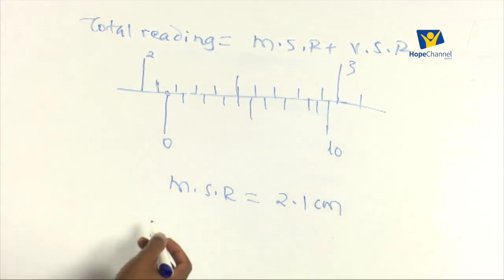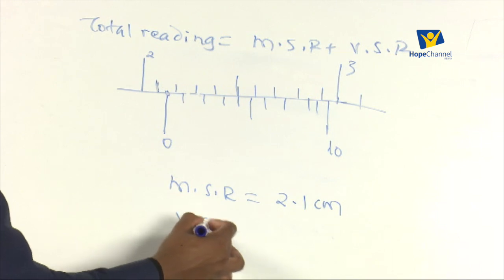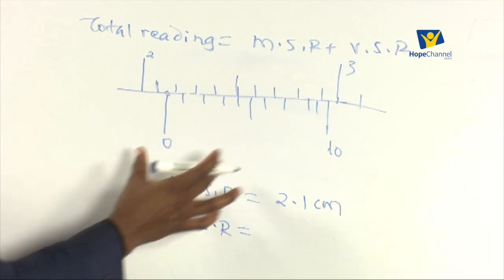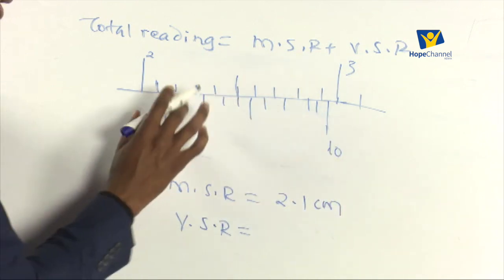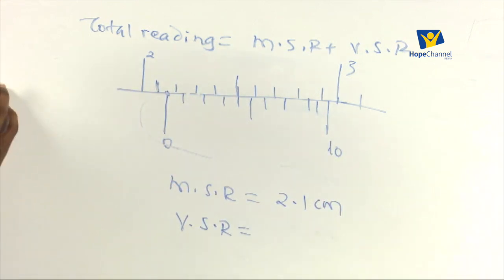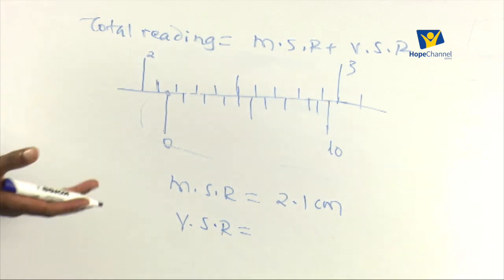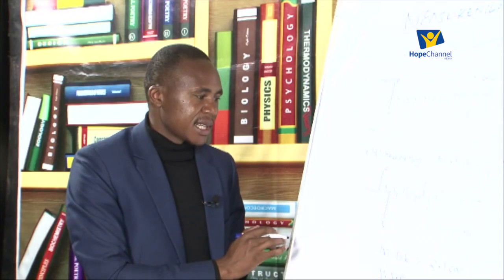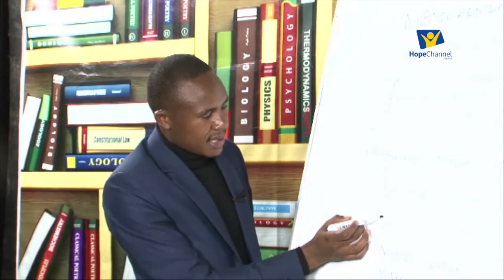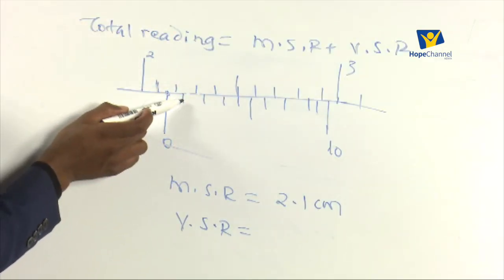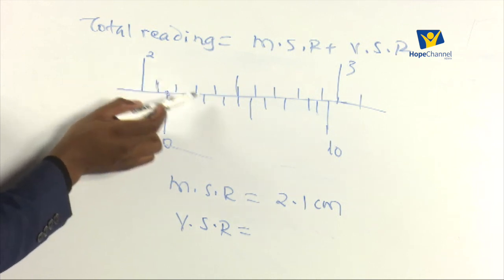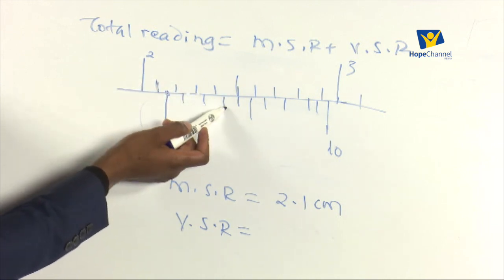Then again we have the vernier scale reading. The vernier scale reading is the lower scale. We have this one here. For the vernier scale, we look for a mark that coincides with a division on the main scale, exactly coinciding. If we look at this 0 here, it is not coinciding with any division on the main scale. This one does not. This one does not.